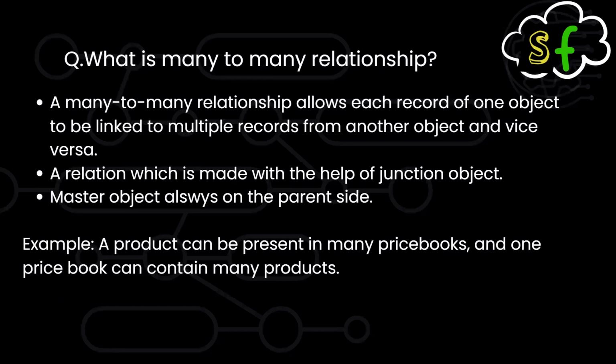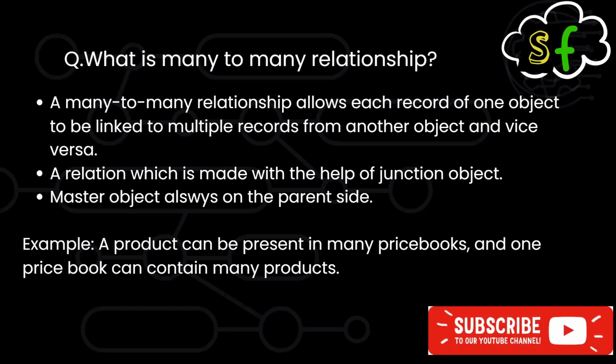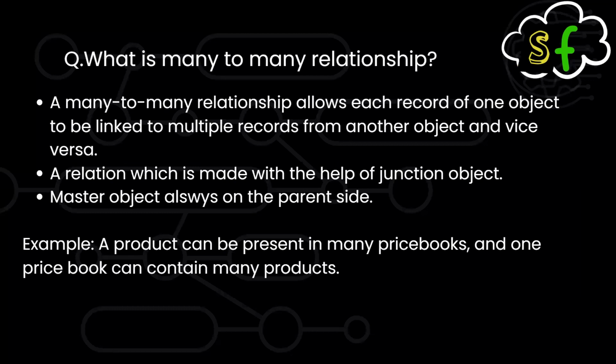Third, what is a many-to-many relationship? A many-to-many relationship allows each record of one object to be linked to multiple records from another object, or vice versa. It is a relation made with the help of a junction object. For making a many-to-many relationship, we have to use a third object named the junction object.